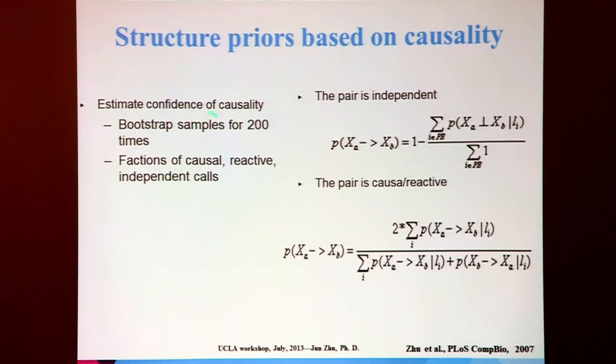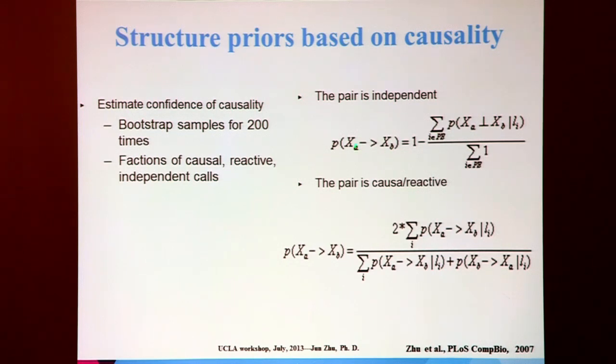There are several ways. One is a very simple way, just using bootstrapping, or the other way is using a full probability model to estimate all these causal links, the confidence of each causal link as a probability. Then you can use this as a prior in a Bayesian network. Say this link occurred by chance, or is this one likely to happen if they're more likely independent.